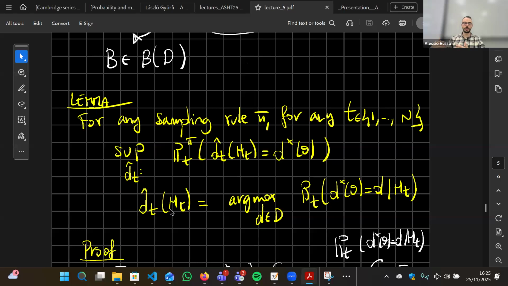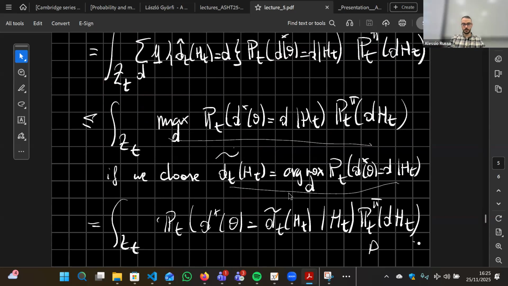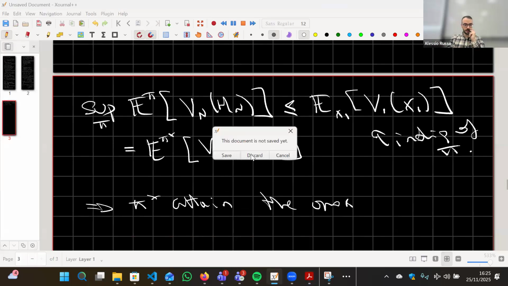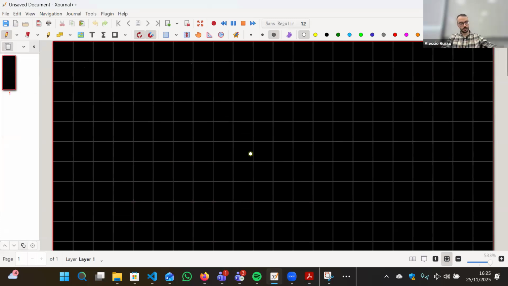For any given trajectory, capital HT, the optimal inference rule is simply the argmax over the hypotheses of the posterior distribution over the true hypothesis. The proof is quite simple. What we're going to do today is show the optimal sampling rule, and then we are done with this topic.